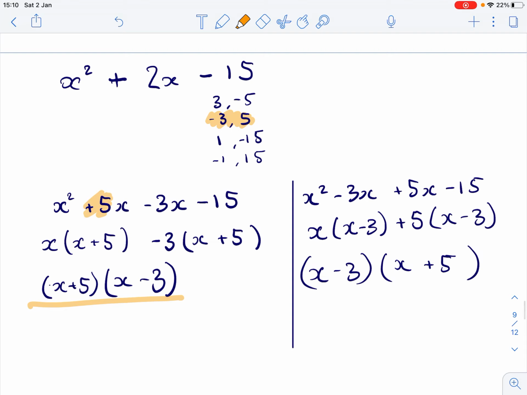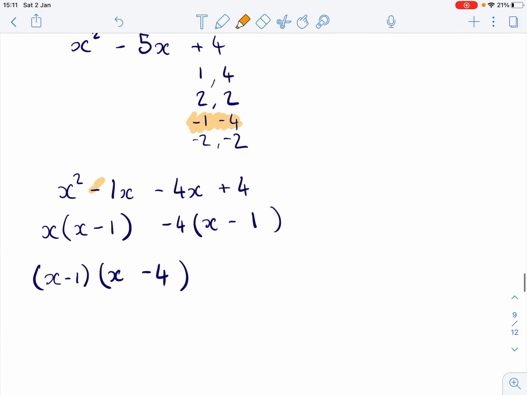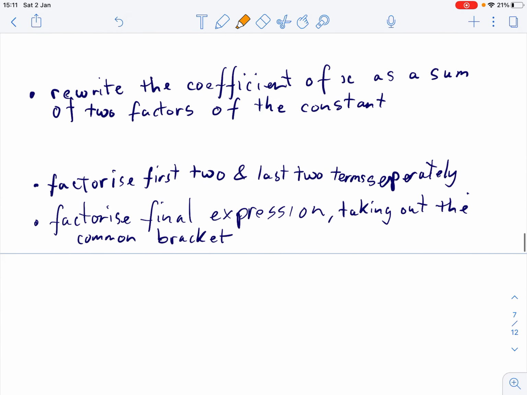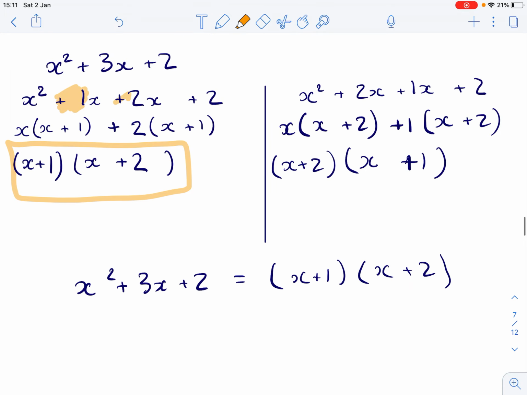So remember, we split this into plus 5 and minus 3, and we ended up with plus 5 and minus 3. We started off with minus 1 and minus 4, and we ended up with minus 1 and minus 4. And we split this one up into plus 1 and plus 2, and we ended up with plus 1 and plus 2.